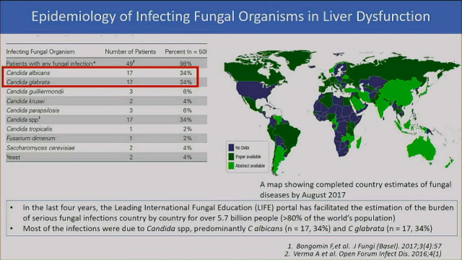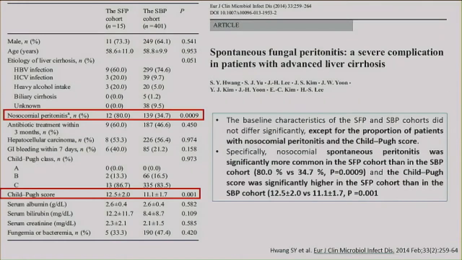And they found that the most prevalent fungal infection is Candida species, especially Candida albicans and Candida glabrata. And this is also reported by most of the Asia Pacific countries, including Indonesia.